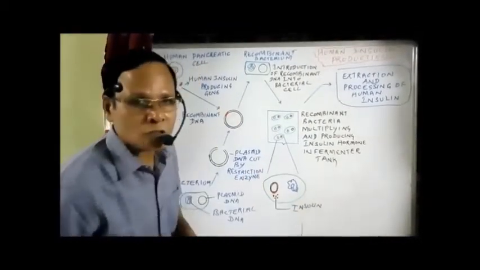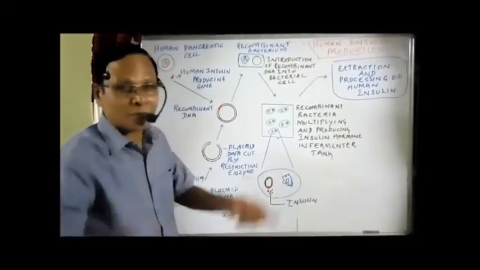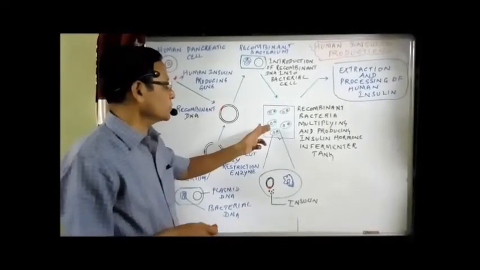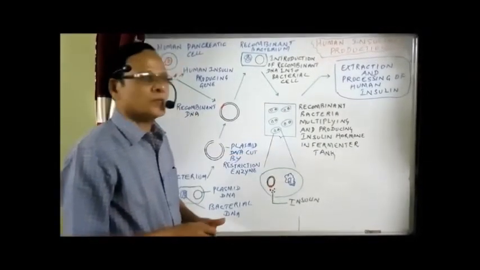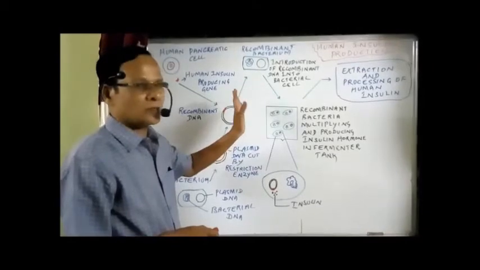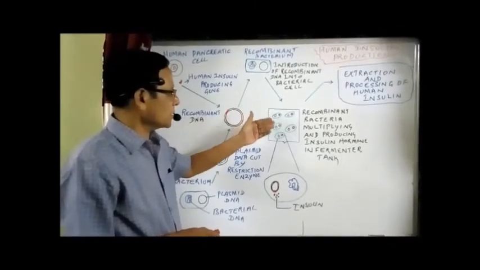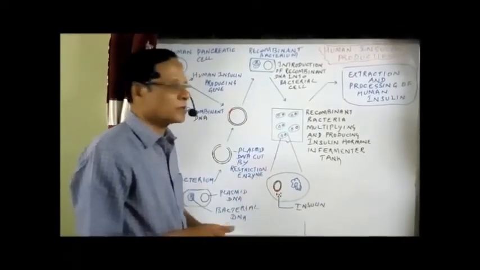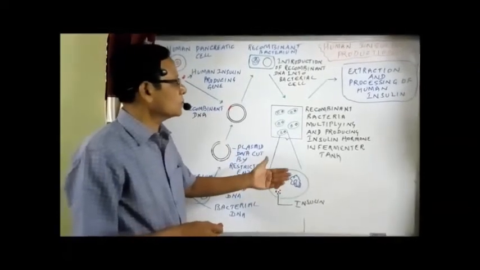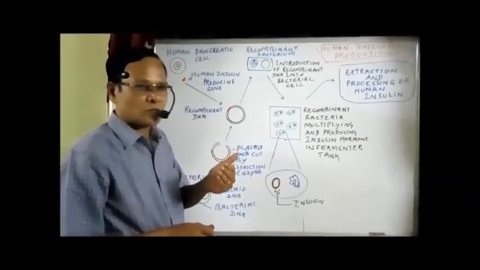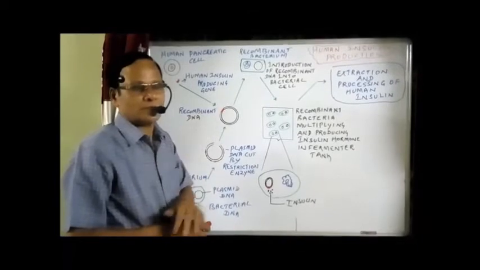To produce a large number of insulin molecules, we use a fermenter tank. In that tank the bacteria multiply and produce the insulin hormone, which is initially produced as pro-insulin.